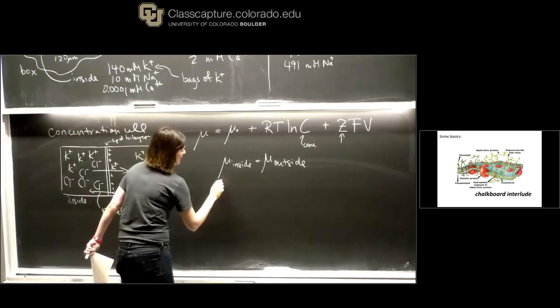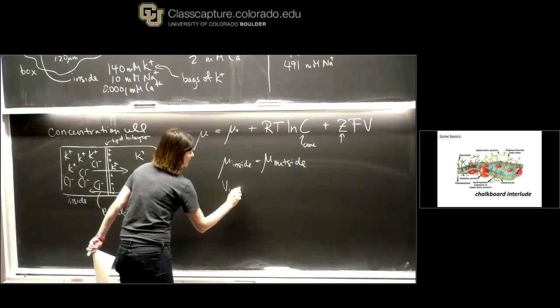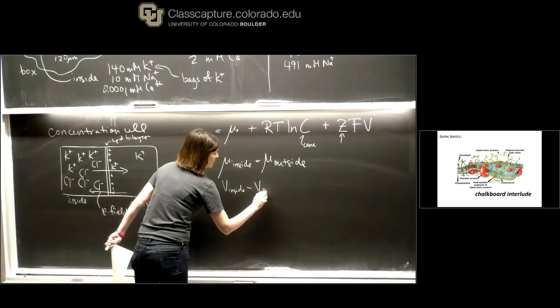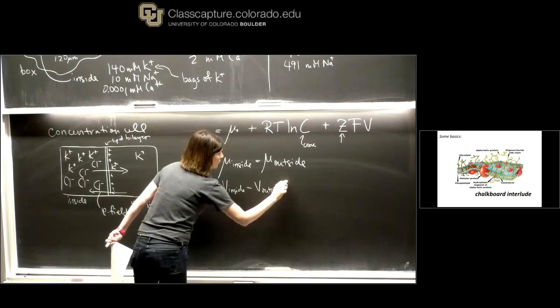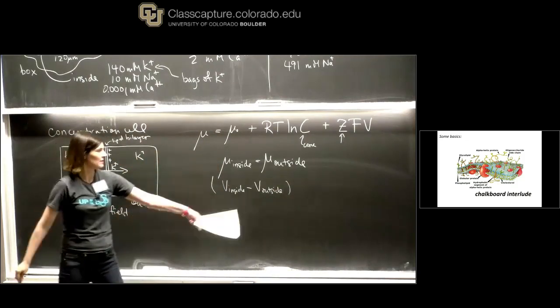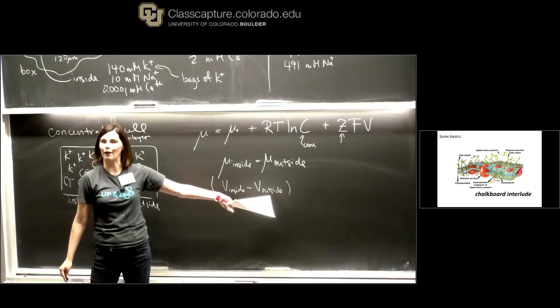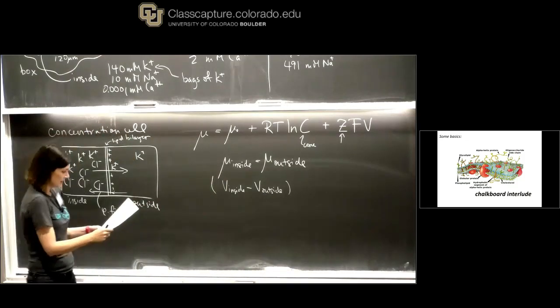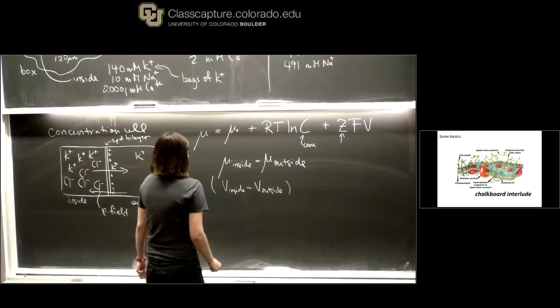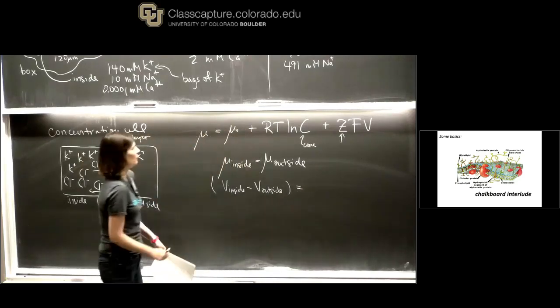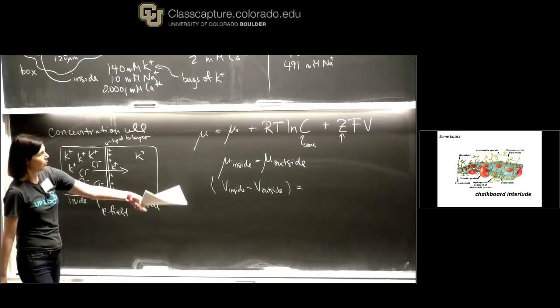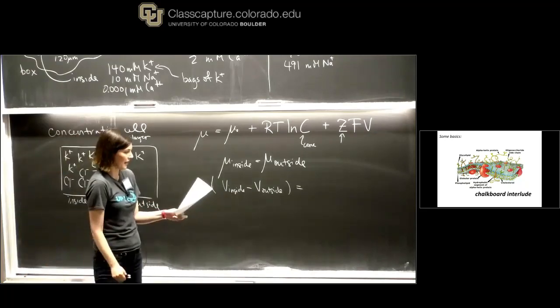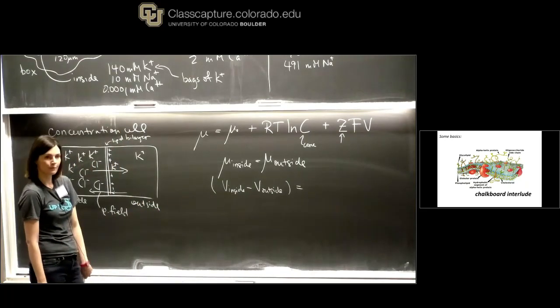So let's write this as voltage inside minus the voltage outside. We do that because we often set the voltage outside to 0. We ground that. We only care about the relative voltage. All right? So if we write down these equations, what is V inside minus V outside when we rearrange terms?